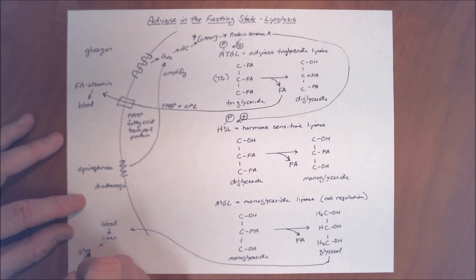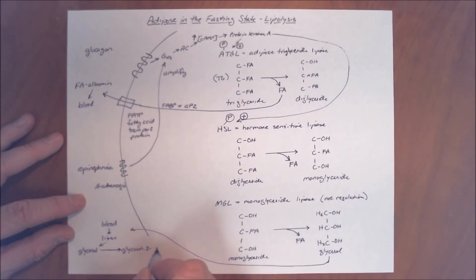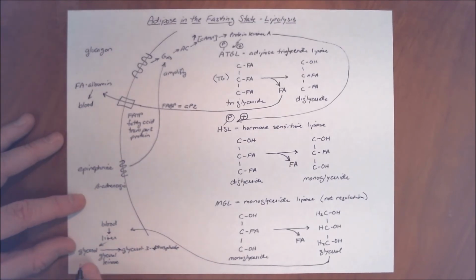The hepatocytes now will take the glycerol and transform this into glycerol 3-phosphate by the enzyme glycerol kinase. So we are simply adding a phosphate on the number 3 carbon of glycerol to create glycerol 3-phosphate.